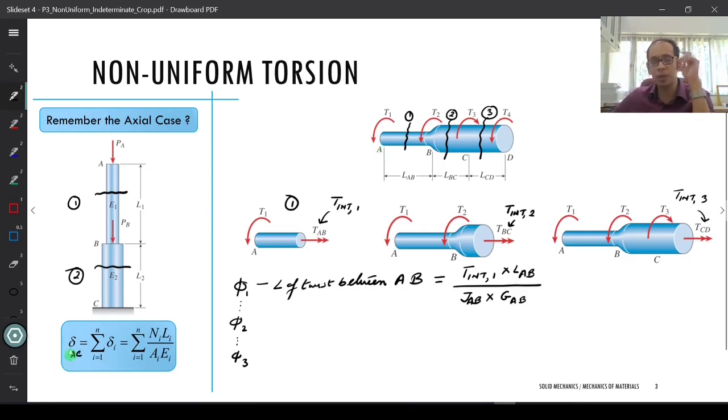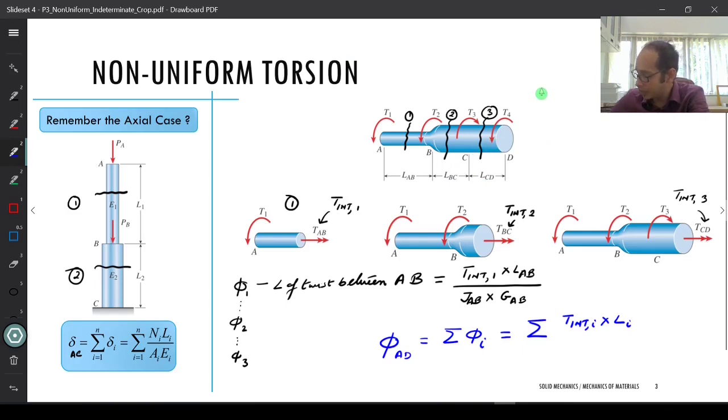Here delta was the total deformation from A to C. Here the total phi is going to be from A to D. So my total phi, if I have to write it explicitly, from A to D is the summation of phi i, which is simply the summation of each internal torque T_int,i times the length of each of these segments, first LAB, then LBC, then LCD, divided by J_i G_i.